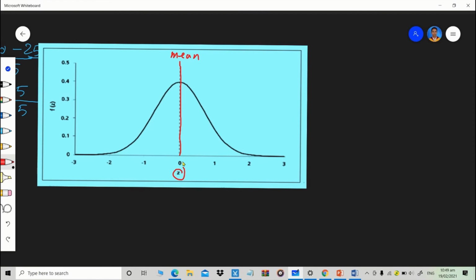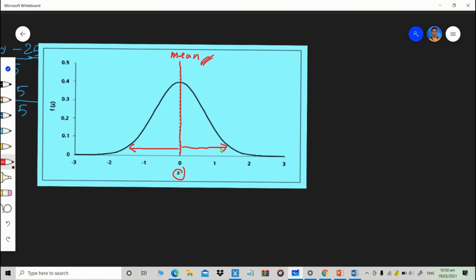Pag yung value ng z-score natin is less than 0, ibig sabihin, below the mean. Pag yung z-score natin is greater than 0, ibig sabihin nandito lang, above the mean. Paano kung yung z-score natin is equal lang din sa 0? Ibig sabihin, equal lang sa mean.